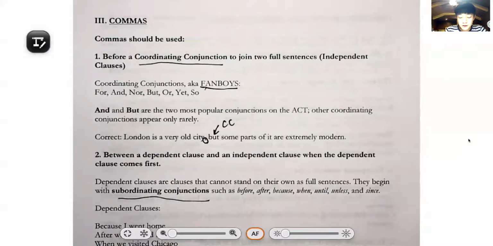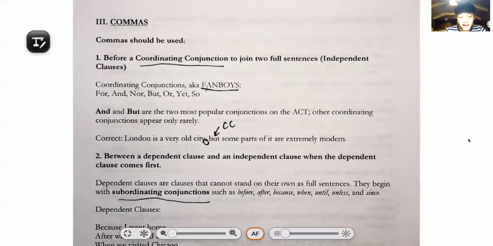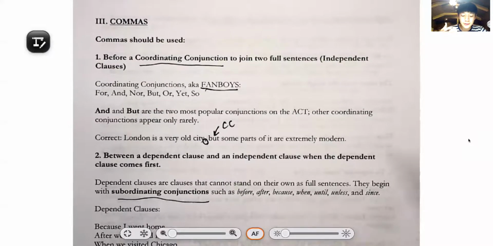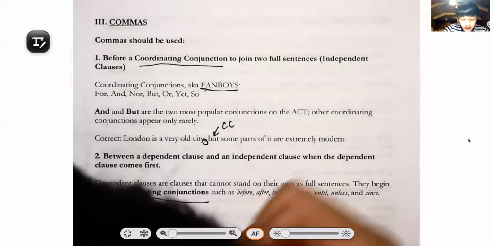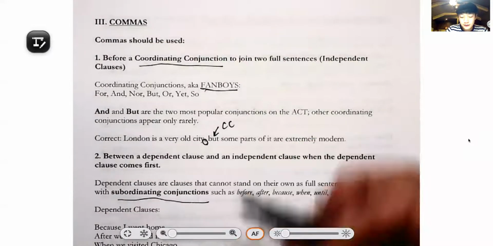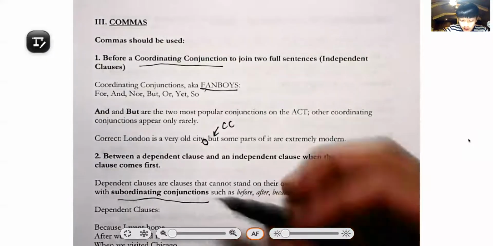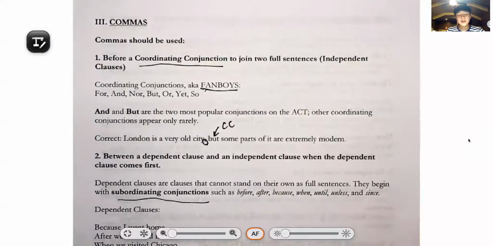So you'll use a comma between a dependent and independent when the dependent comes first. If you look here, because London is a very old city, comma, remember your subordinating conjunction, I'll put SC here for subordinating conjunction, will come here, and you'll see the comma coming right here without a conjunction. So that's only when the dependent comes first, and the dependent already has a subordinating conjunction.